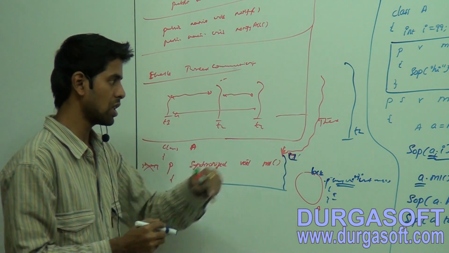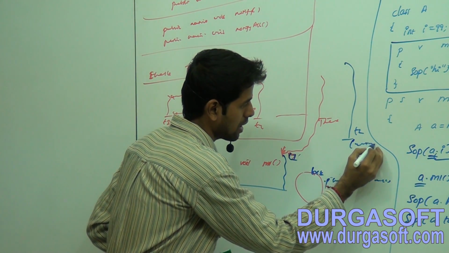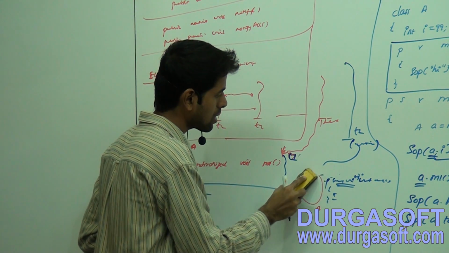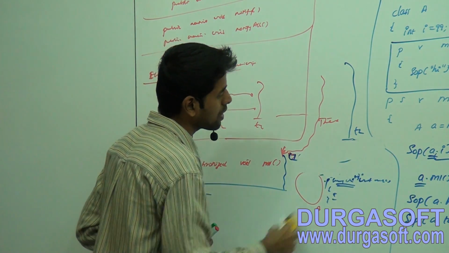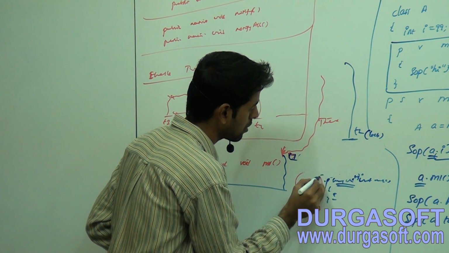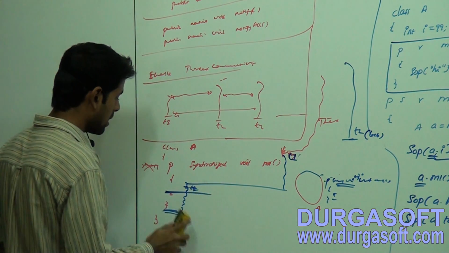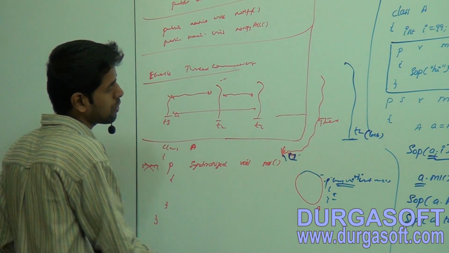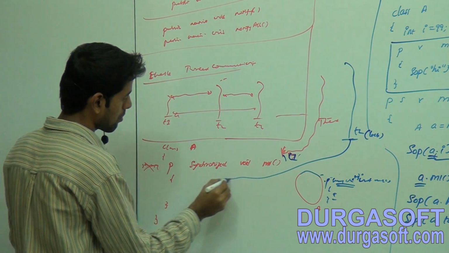Now T2, which was in waiting state earlier, will come and acquire the lock. Now that lock is available with T2, and T2 will execute the synchronized method.